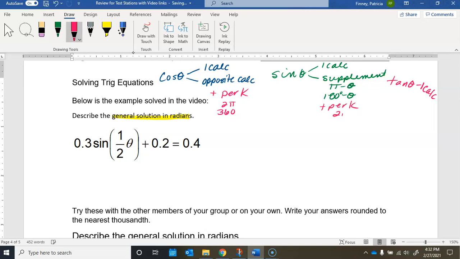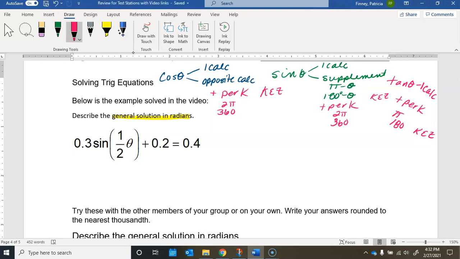So that's either going to be 2 pi or 360 for sine. And then for tangent, you add the period times k, which would be either pi or 180 degrees. And of course, we always say that k is an integer because that accounts for all of the different times we could go around that unit circle, or all of our different possibilities.